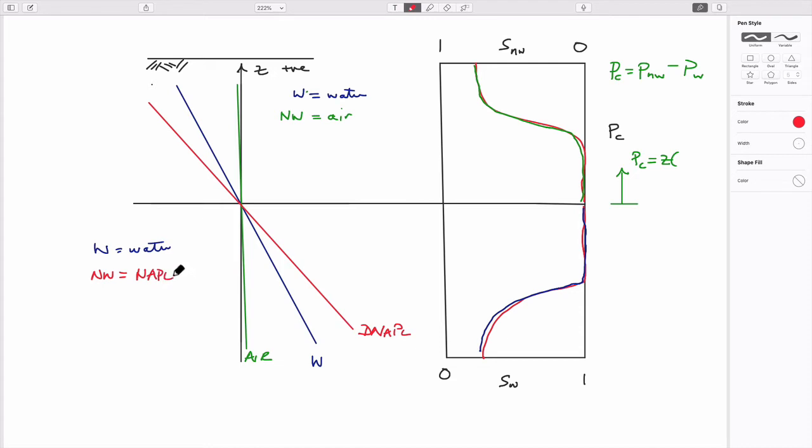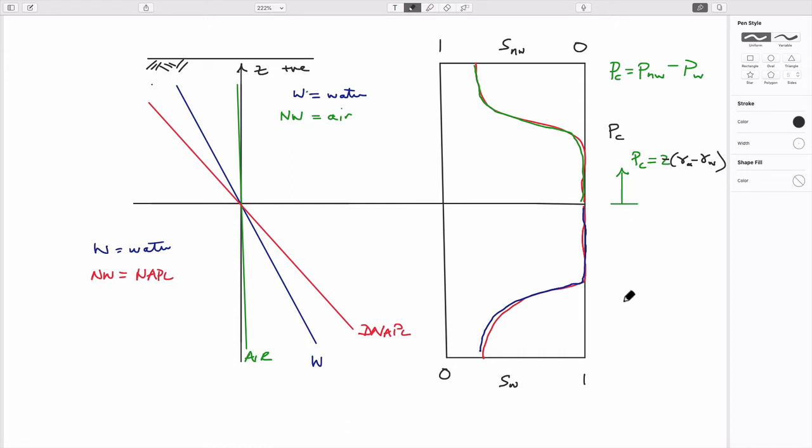And so the idea is that when you want to evaluate these capillary pressure differences, I'm going to do it kind of neutrally here. It's going to be elevation multiplied by the difference between the two unit weights, and the non-wetting is air, so it'd be the unit weight of air minus the unit weight of water.